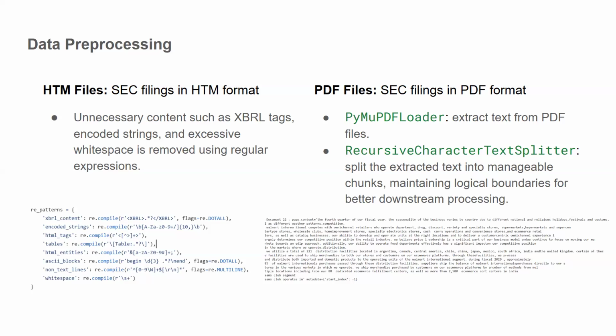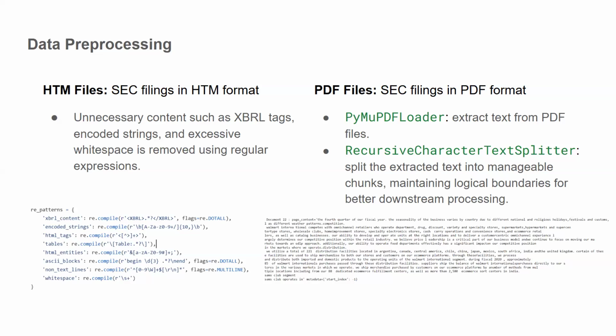So this kind of file can be processed using a custom script. Regular expressions can be defined to clean the financial filings by removing the unnecessary XBRL tags, encoded strings, and excessive white space, at the same time preserving the critical metadata.